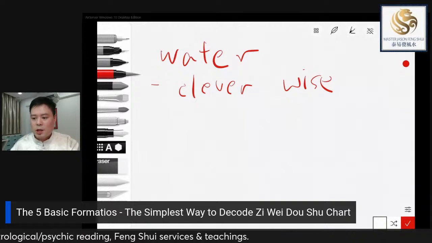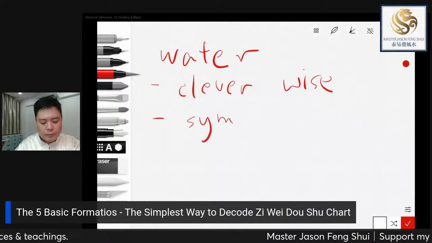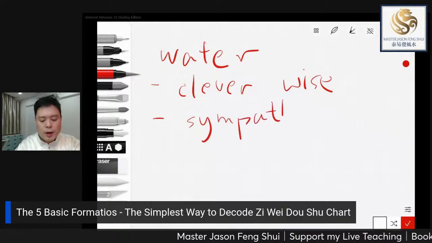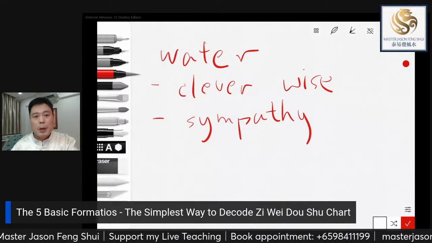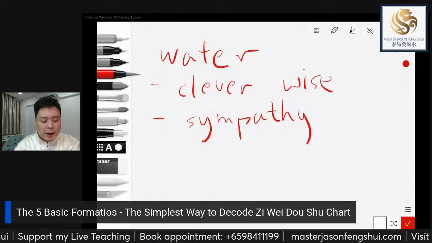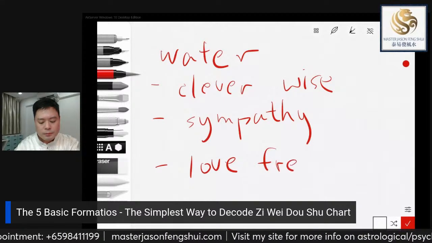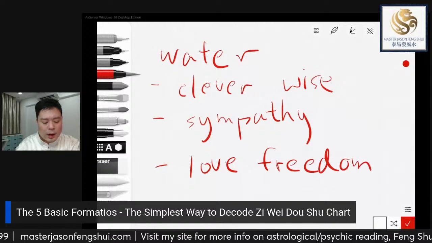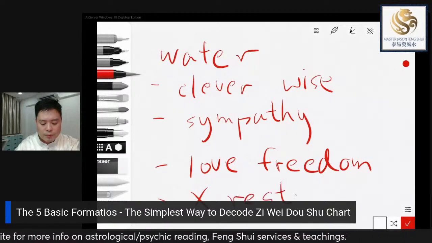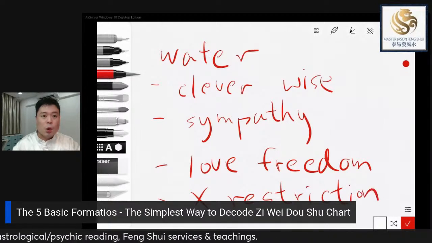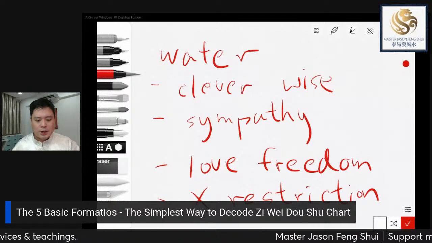It is also someone who is usually very sympathetic, which means he or she will be able to understand the emotions of other people easily. Nonetheless, being water, they will also love freedom and don't like restriction. So this is what we can tell about people who are born with the water formation.